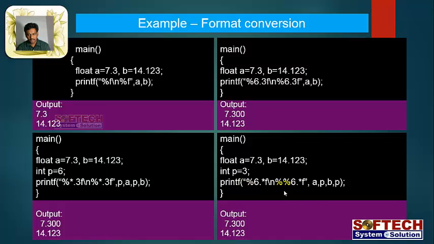The value of p, 3, replaces the star in %6.3f, and with %6.3f the value of a is displayed as 7.300, then 14.123 is displayed.